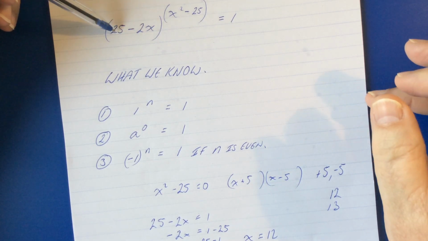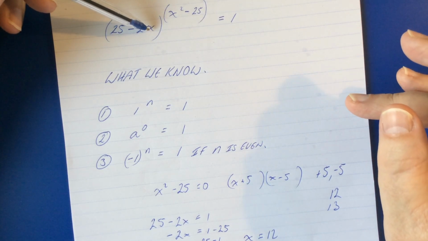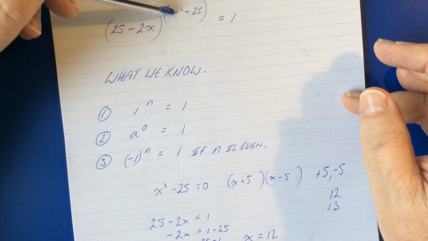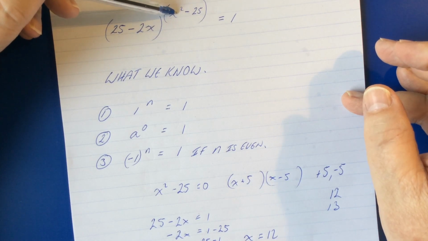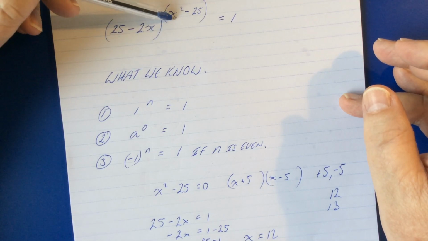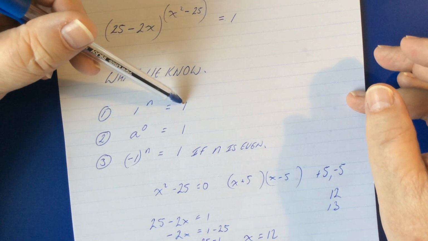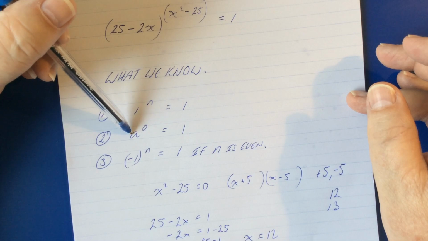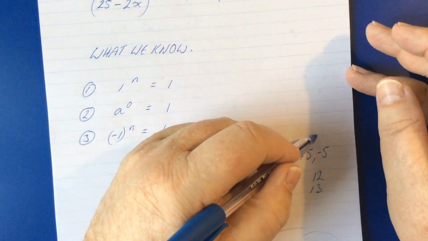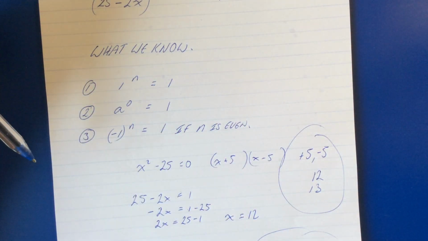We can allow it to equal negative 1, which means that this has to equal 13, and consequently this bracket is equal to 144. So that's an even power, and so this is negative 1 raised to an even power, which is 1. We've sorted out this one, and we've sorted out this one. I don't want to apply too much thought to this, but I think these are our answers.